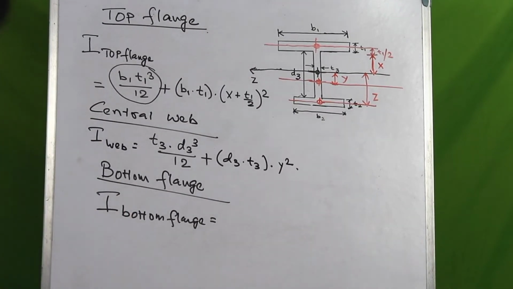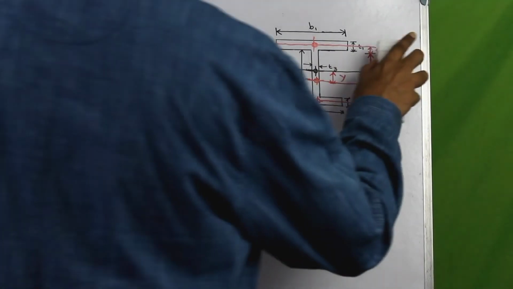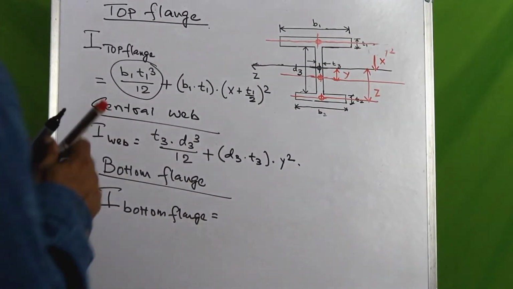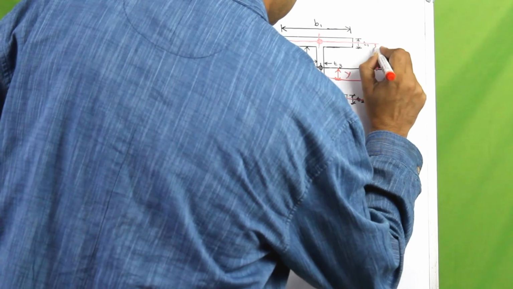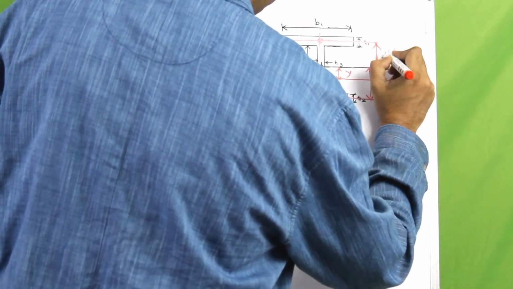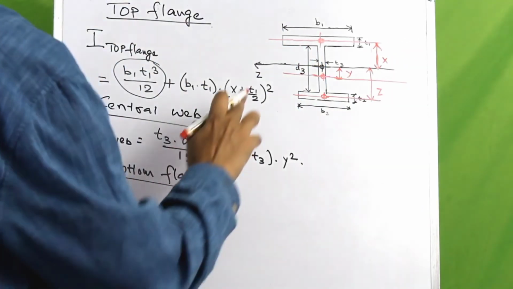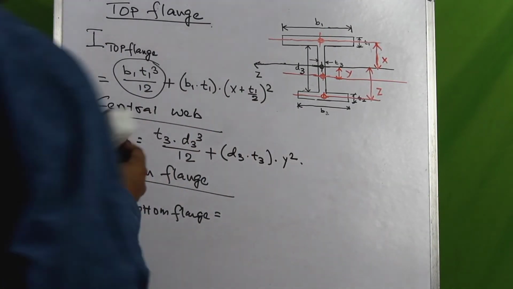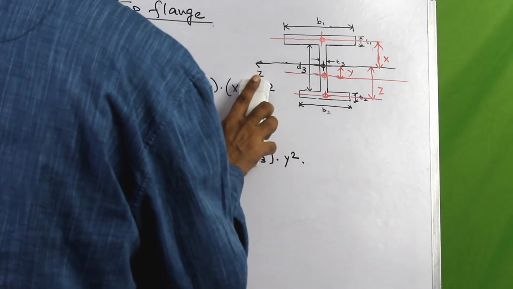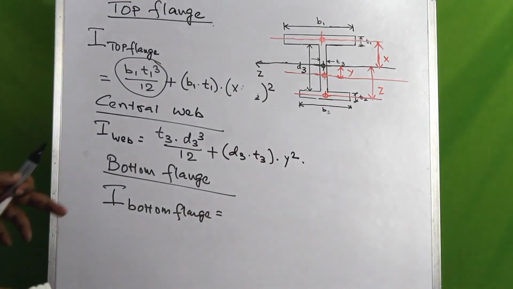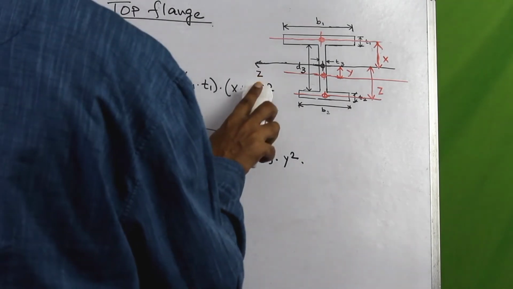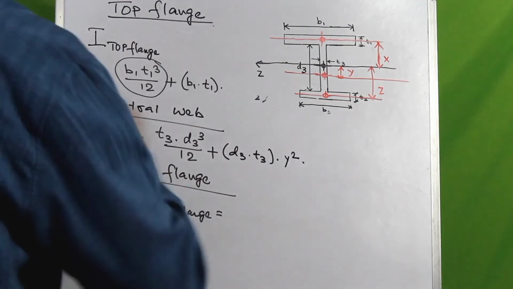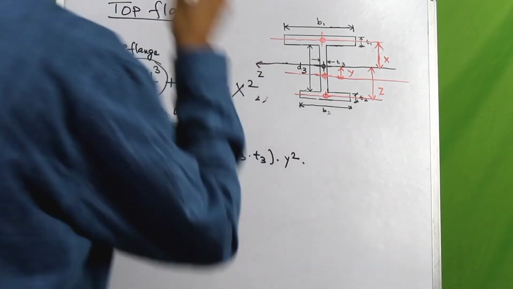So in order to maintain similarity, we can just say that this distance here is x. So then we can actually change this expression to x square.